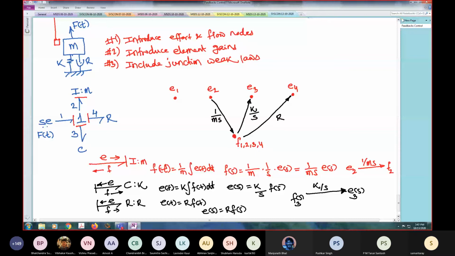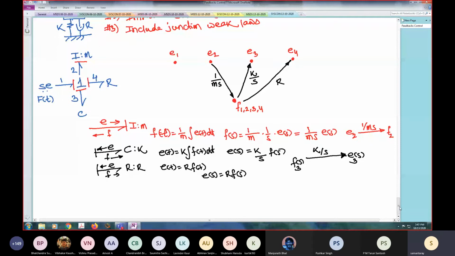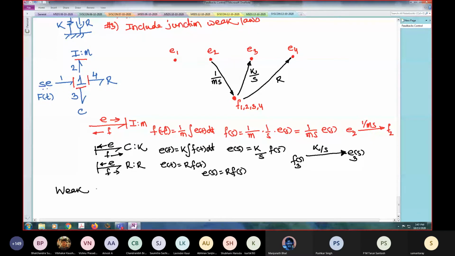E2. So weak law: E2, everything is in s domain. E2 is E1 minus E3 minus E4. So we will write E2.